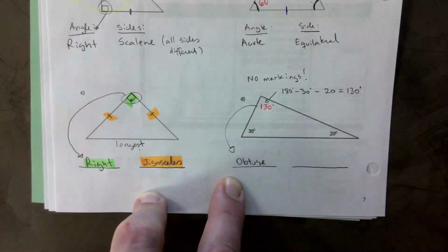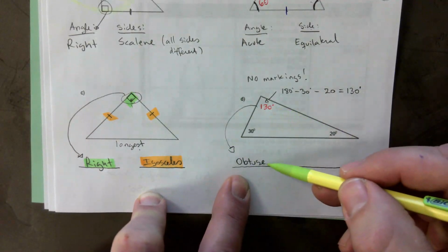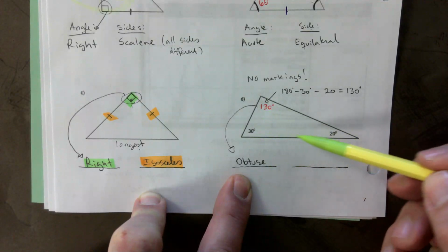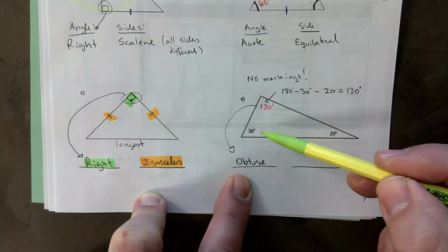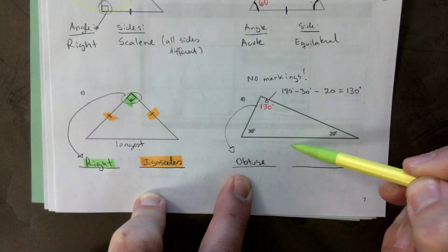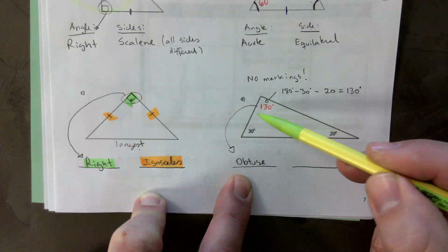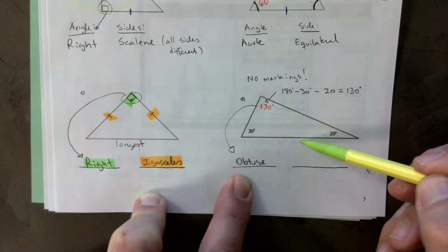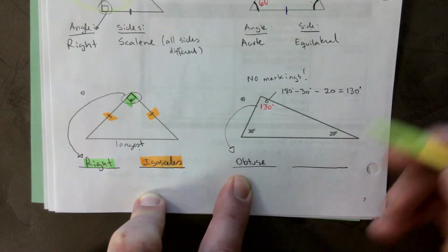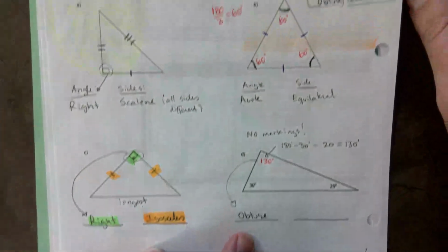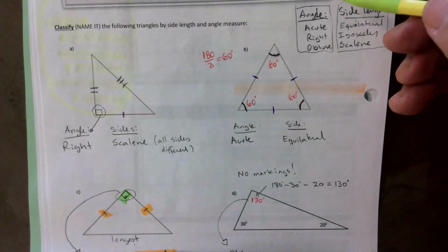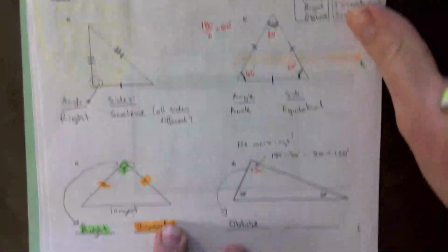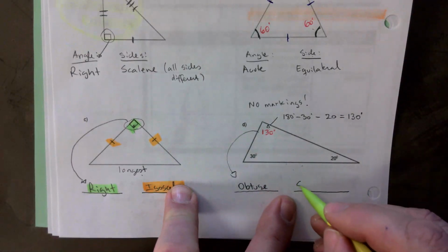Because of the 130, I know it's obtuse. And looking at the angles, they're all different, correct? What does that tell me about the side lengths? They will all be different as well. Remember that. So what category am I going to pick between the three? It's going to be scalene. Scalene is the one where everything is different. So I go back here and I call this scalene.